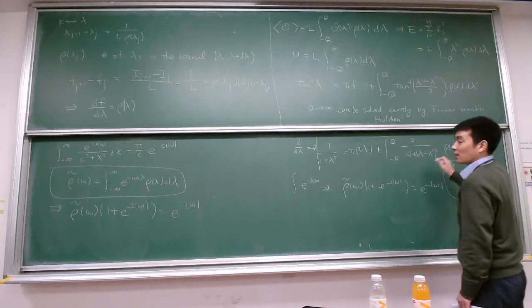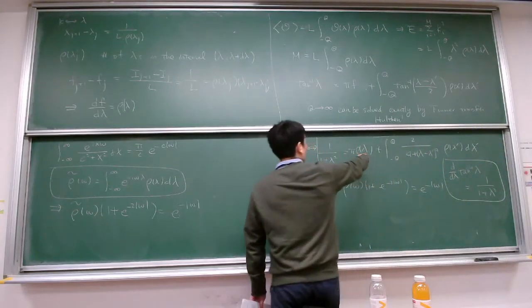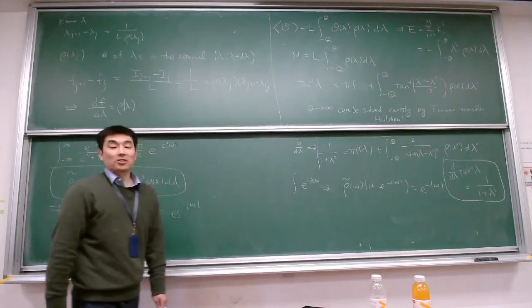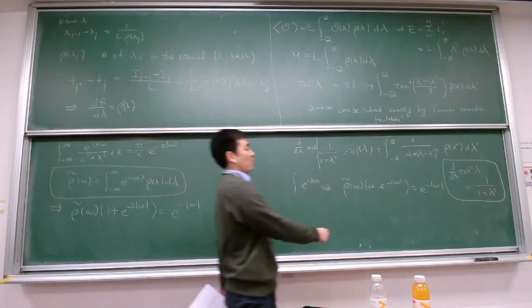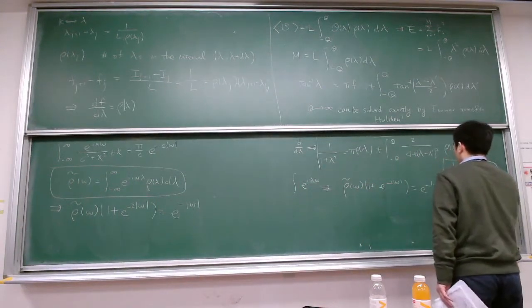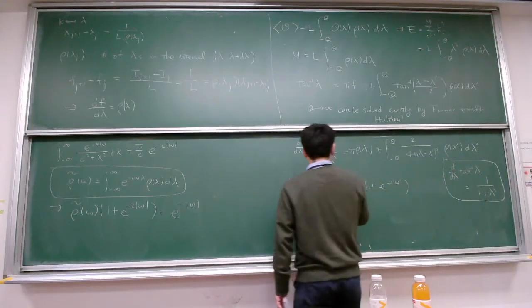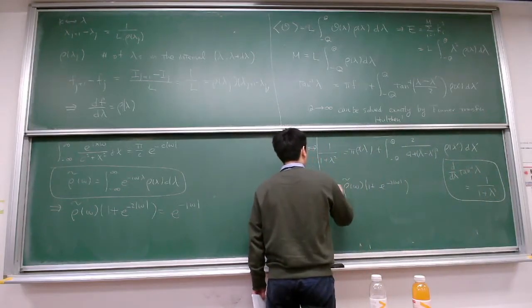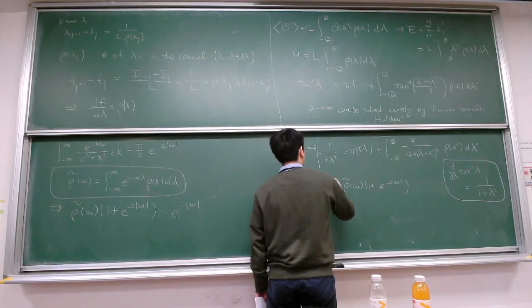Can you see that? Or maybe I should write it down more practically. The left hand side becomes e to the minus omega.